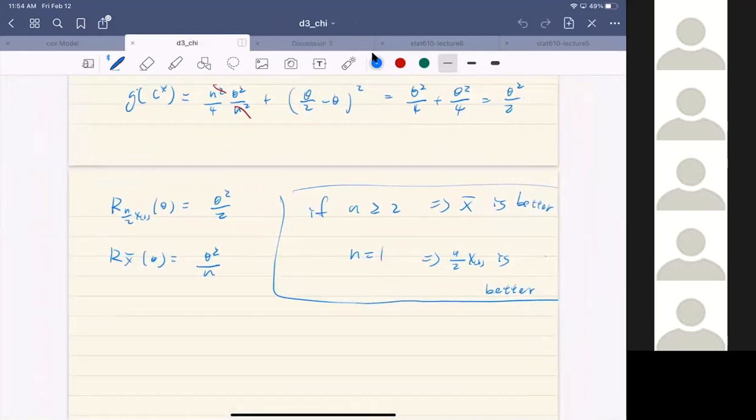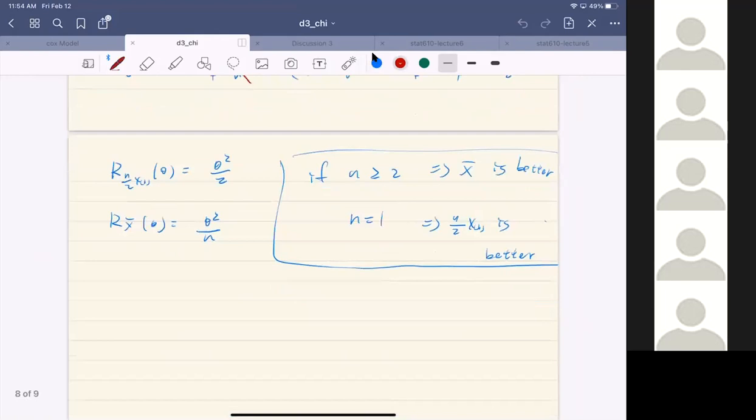And if n is 1, that suggests that we're just drawing one observation, so our estimator should be 1/2 of that observation, as opposed to just taking the observation. Yes. Why would that do better? If the mean of the exponential is equal to the parameter, why would we want to take half of the observation?